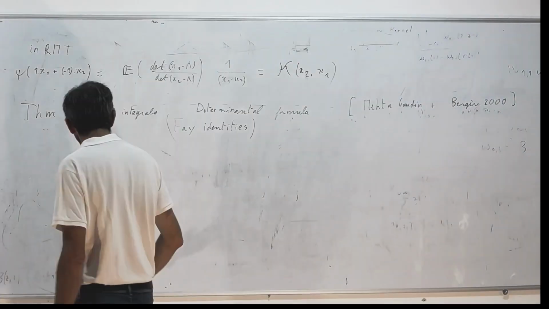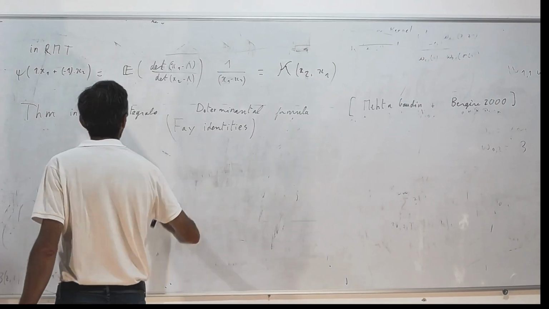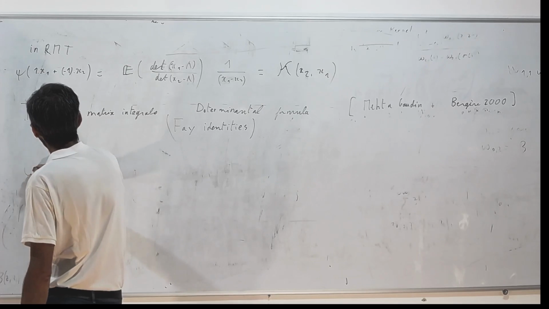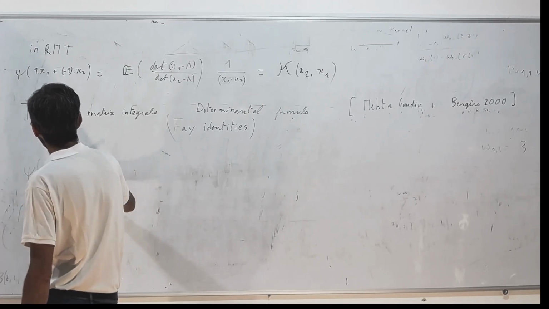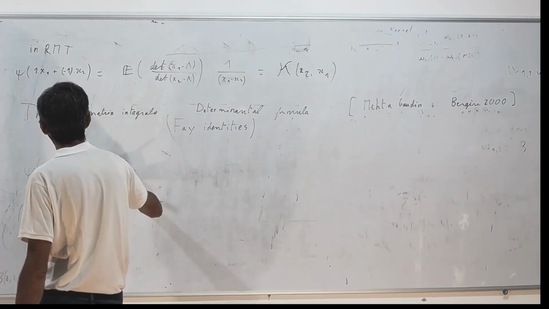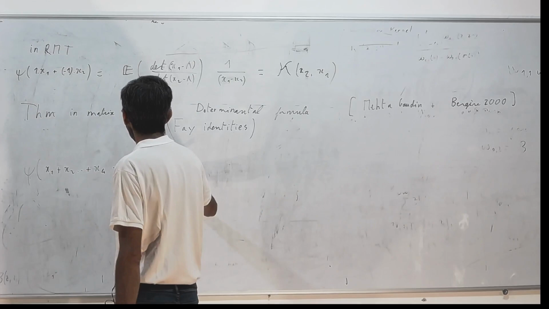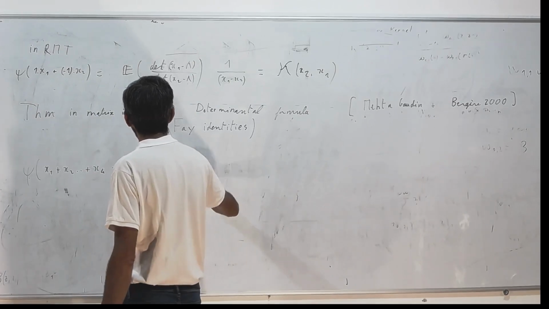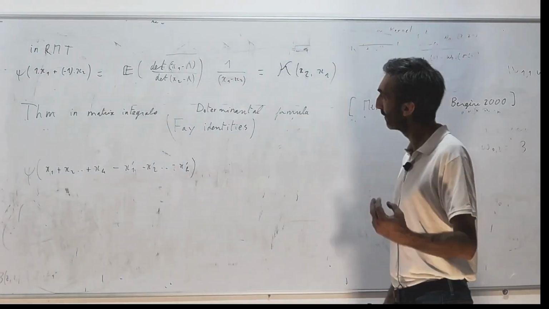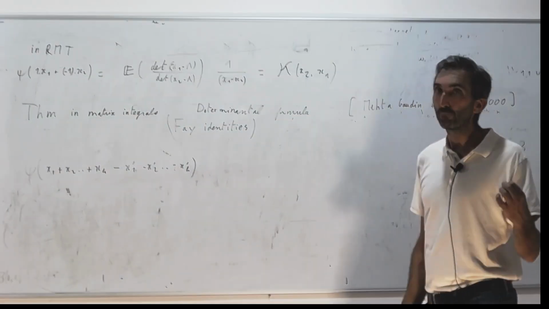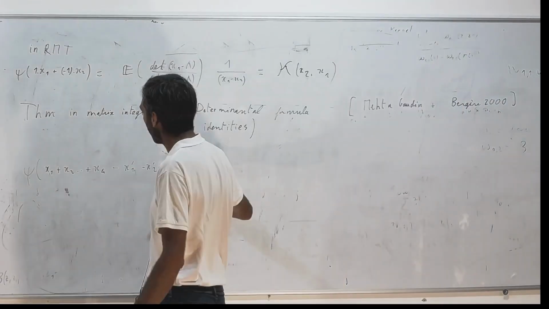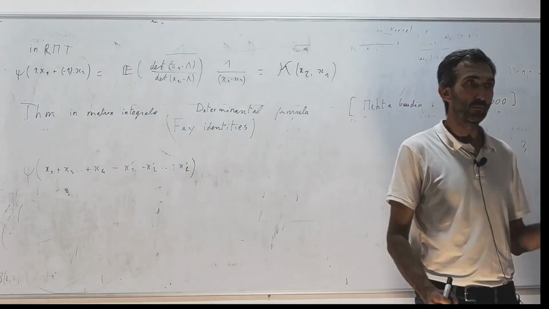But the theorem is the following. It's that psi of x1 with coefficient 1 plus x2 plus xk minus x prime 1 minus x prime 2 minus x prime k. So it means that you have k points with weight plus 1 and k points with weight minus 1. So it's a divisor with 2k points, and k of them have plus 1 and k of them have minus 1.